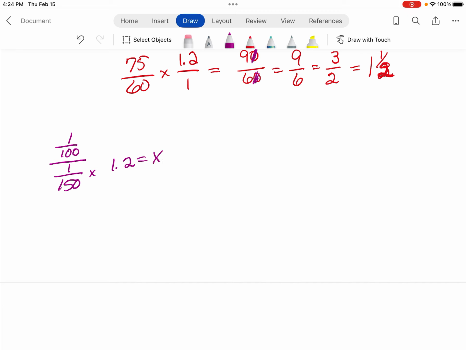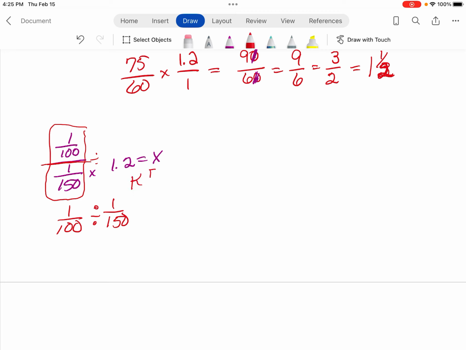We're going to only work with the complex fraction first, the fraction divided by a fraction, because the best way to work this one is just one small step at a time. The fraction bar in the middle means to divide. So I've got 1 over 100 divided by 1 over 150.